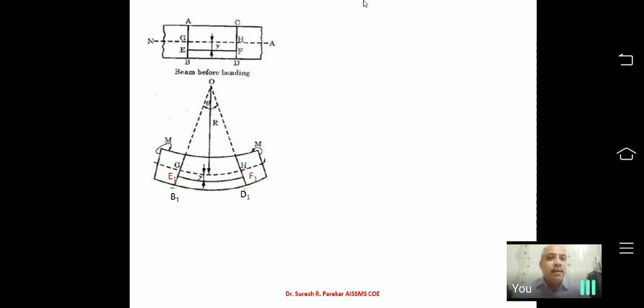Now you can see we have applied load to it and then it bends. When it bends, you can see we have a clockwise moment on the left and an anti-clockwise moment on the right. The layers below the center, below GH, go into tension, and the layers above GH go into compression.